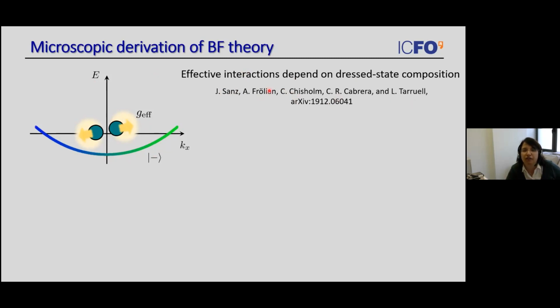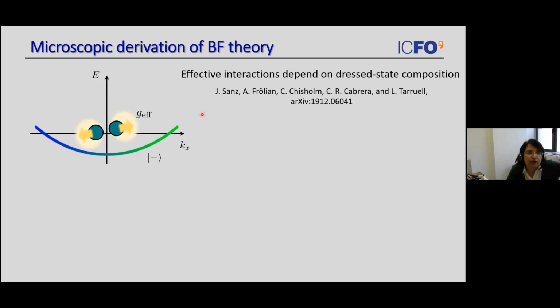And what we saw is that effective interactions depend on the dressed state composition. And that's kind of obvious. If you are mostly in the up state, then you scatter like the up atoms. If you are mostly in the down state, then you interact mostly as the down atoms. And if you are in a combination of the two, then you have interactions that are kind of an average between what you would have in each.